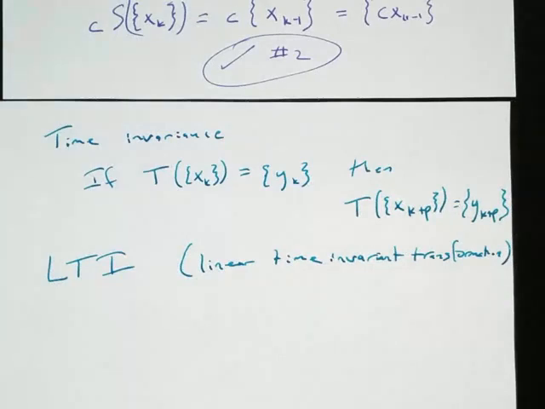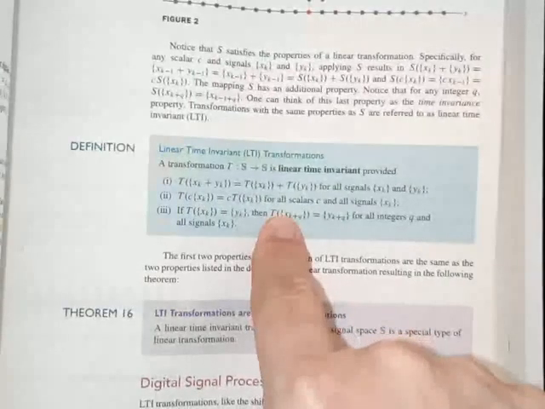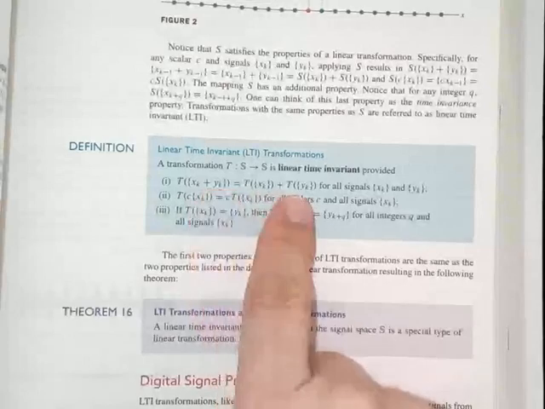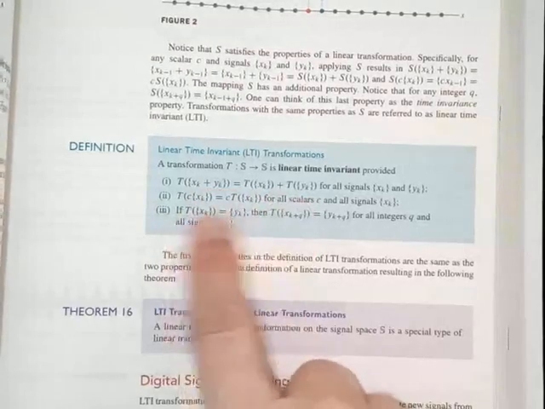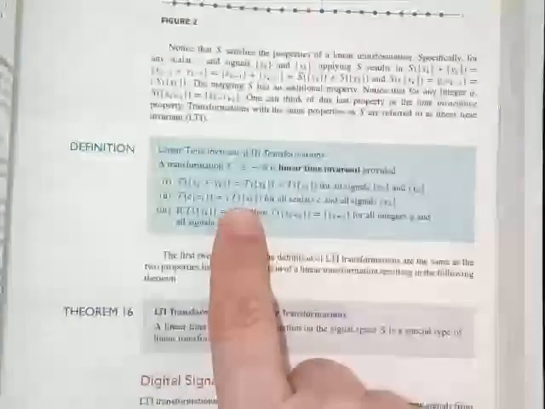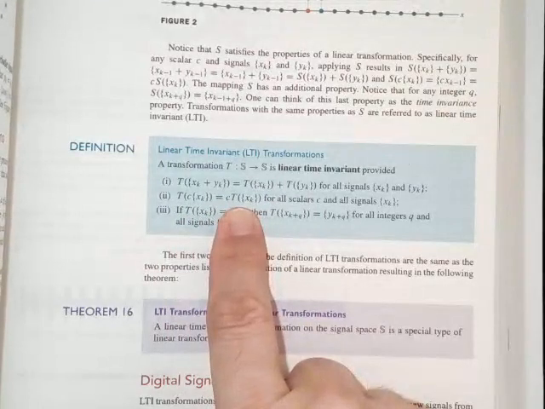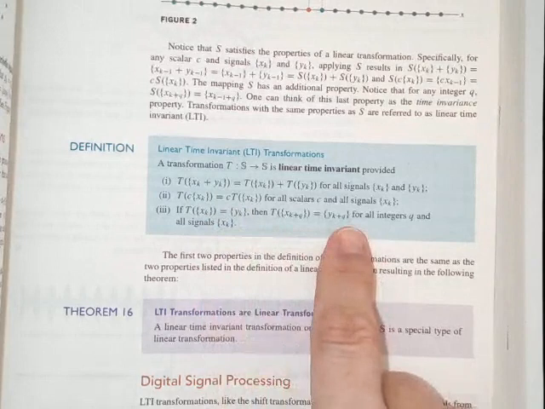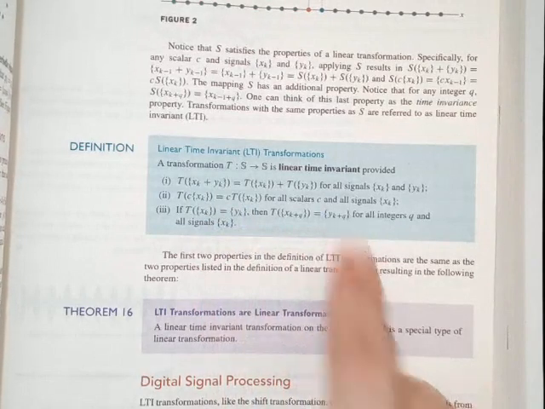It's got to have all three of these properties. Definition in the big blue box above something called Theorem 16. In my book, it's on page 257. Please notice the first two are exactly the properties we wrote for any linear transformation. We're adding this extra one. There's that delay piece.